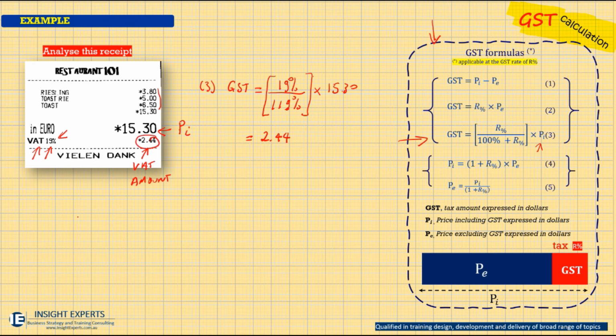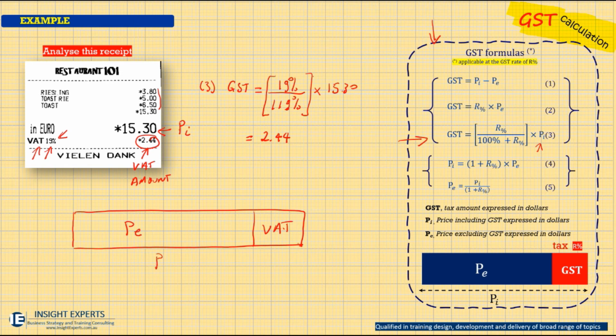Graphically, if I just draw each one: this is the VAT amount, that's the price before tax, and that's what the customer paid at the point of sale. The VAT is 2.44, and the price including VAT is 15.30.